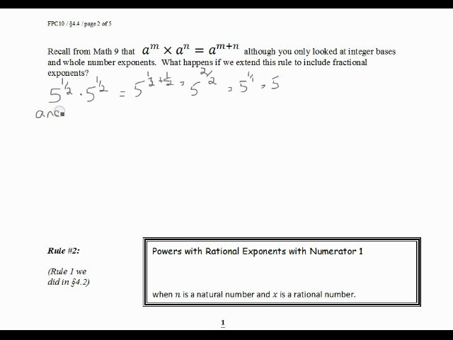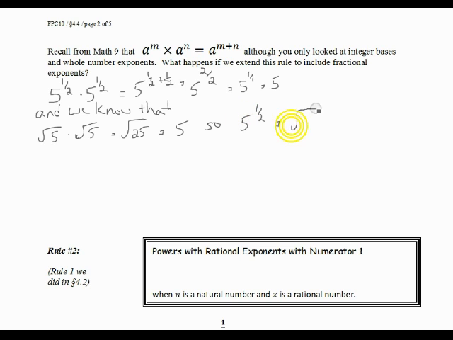And we know that the square root of 5 times the square root of 5 is the square root of 25, which equals 5. So that means that 5 to the 1/2 is the same as the square root of 5.